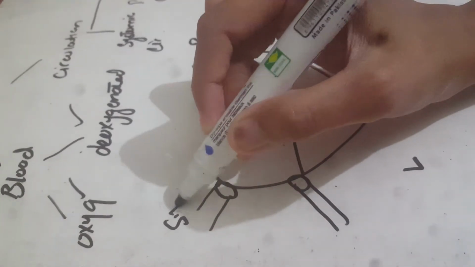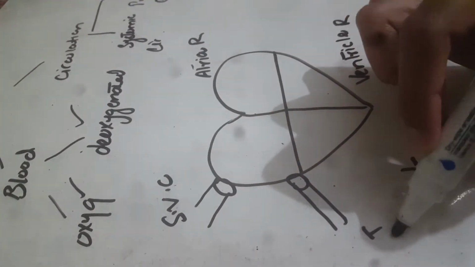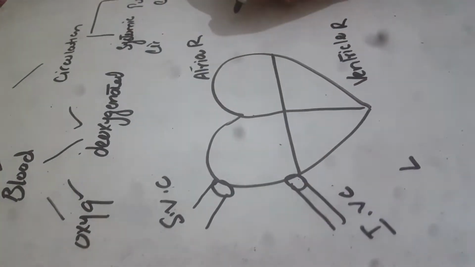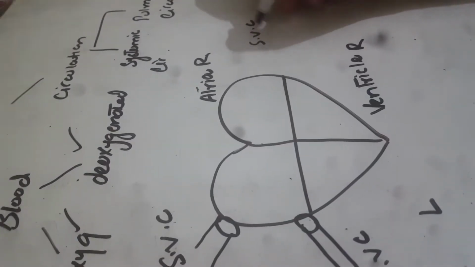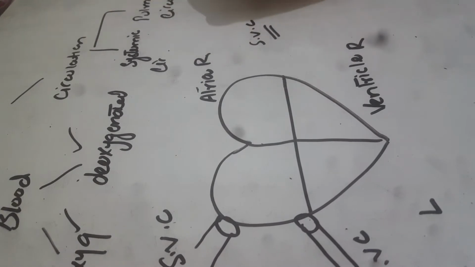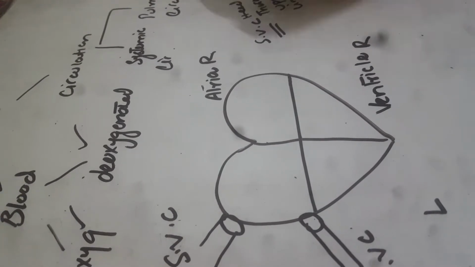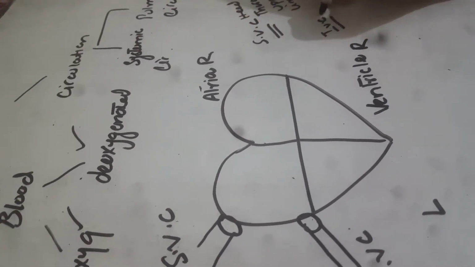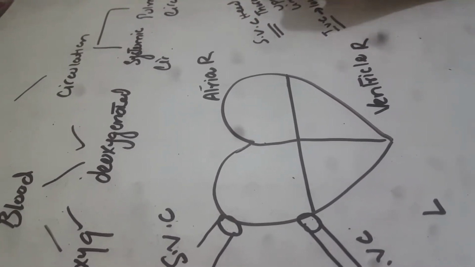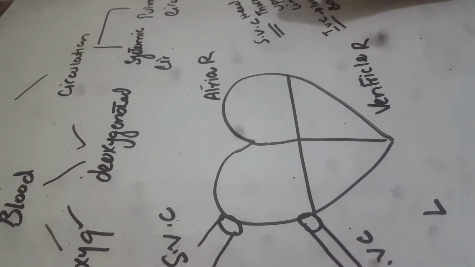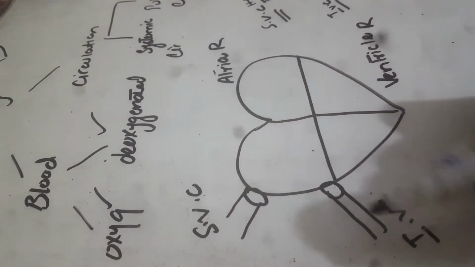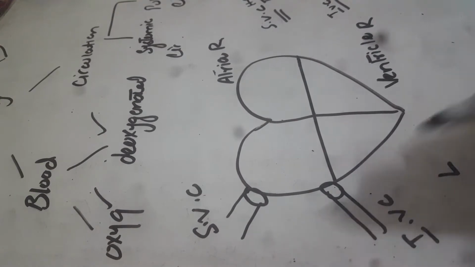The superior vena cava is collecting the blood from the upper portion of the body: head, thorax, and the upper limb, while the inferior vena cava is collecting the blood from the lower body. Remember these things in mind.